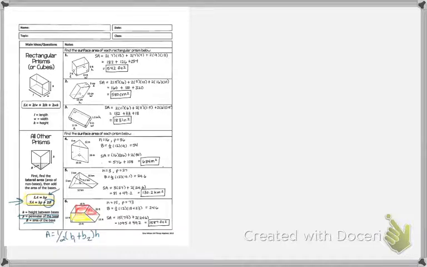So for this equation, the height is 12. The first base is 18. The second base is 23. So we plug each one of those in, and notice how it's used right there. Plugged in, and you have one base.